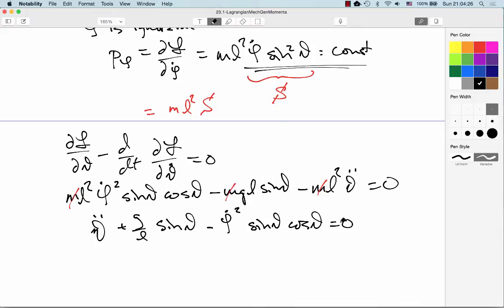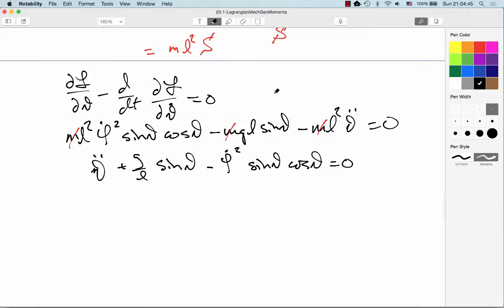But remember, phi dot sine squared theta is a constant, right? So I can write my phi dot squared as the spin squared over sine to the 4 theta. So let's go ahead and make that substitution.